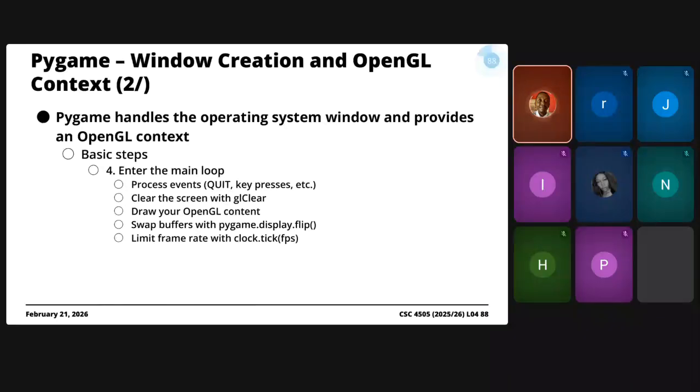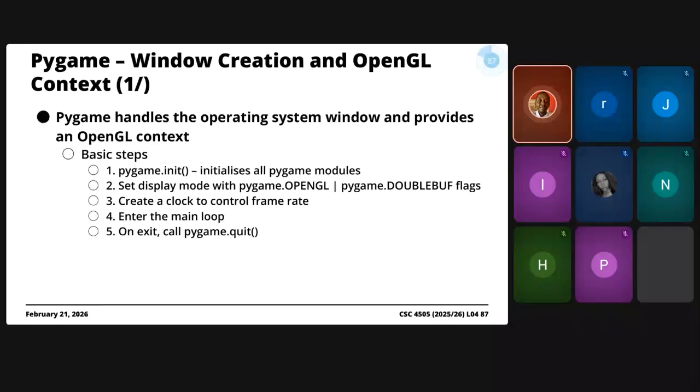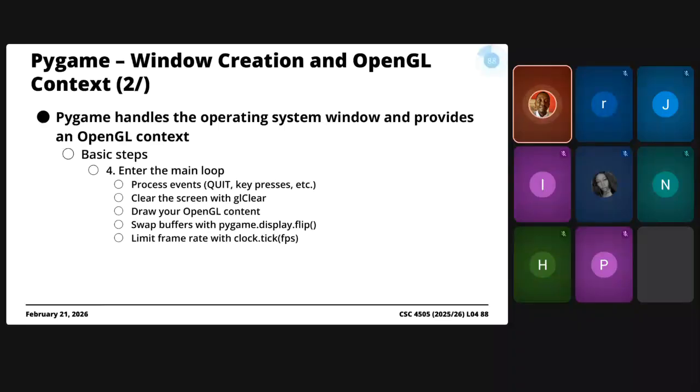So it's a 4-step process here. And it turns out that with step number 4, which is where the drawing is done, there are sub-steps that you go through. When you enter the main loop in step number 4, there are a series of steps that you follow. You have to write code to process the events, so mouse presses or key presses and all those things. You have to clear the screen. You'll notice that we'll be using glClear.